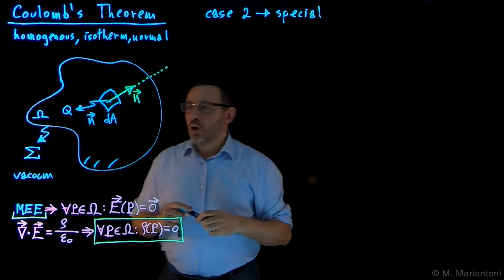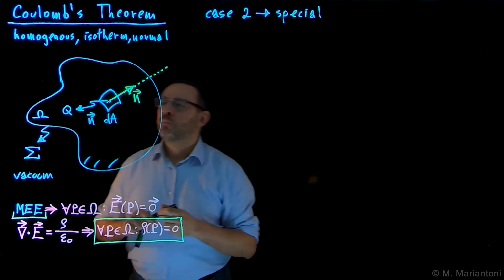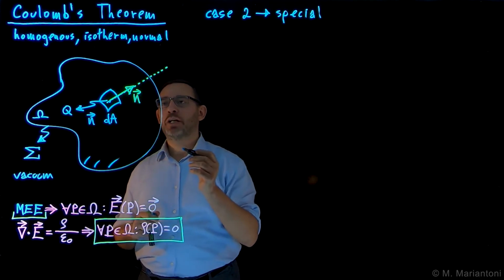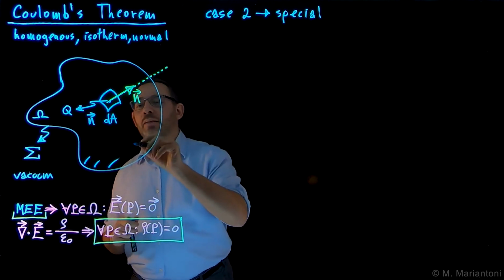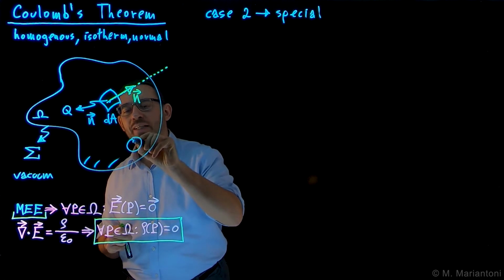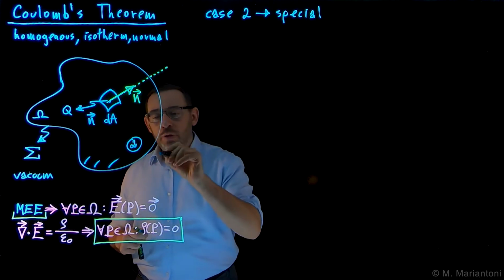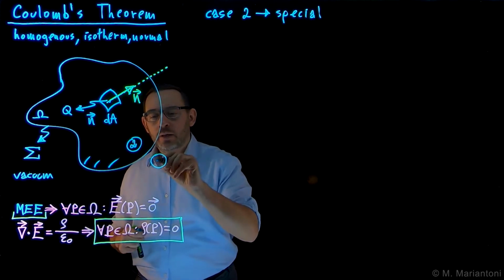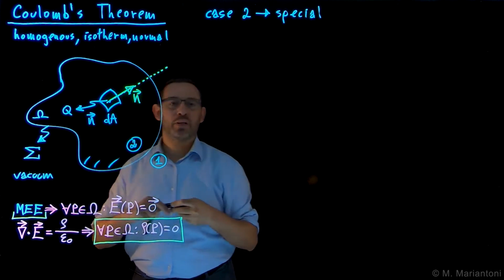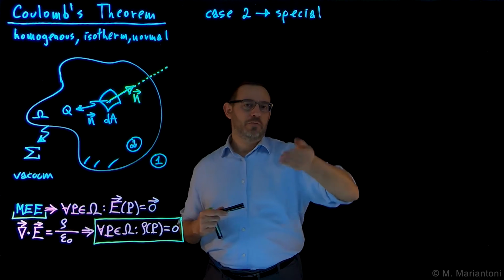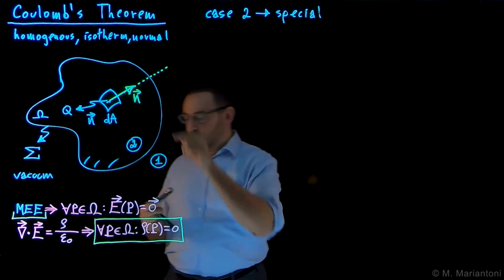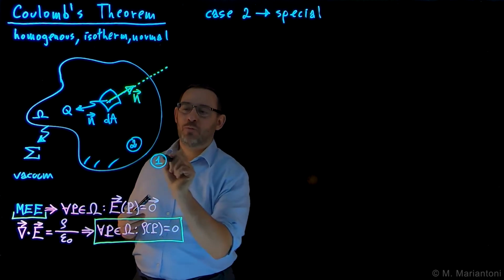To map it to case 2 of Maxwell's equations in local form, we want to define the region within the object as region 2, for example. You can do the opposite. So within the object, in the bulk, is region 2, and outside in the vacuum, region 1. Remember that n has to point from 2 to 1. That's why we're choosing it pointing outward, and that's why we've chosen 2, 1.